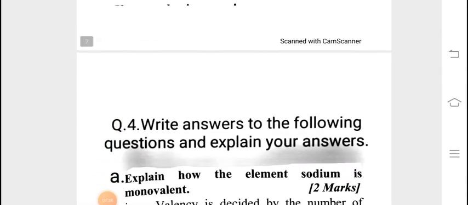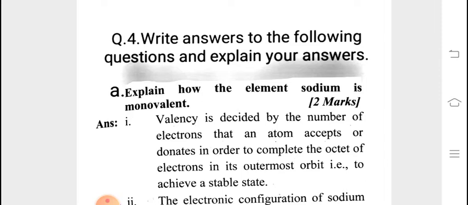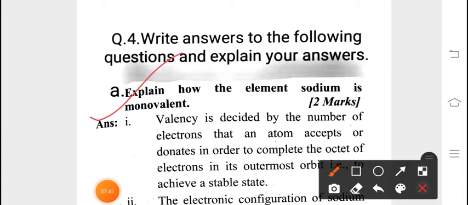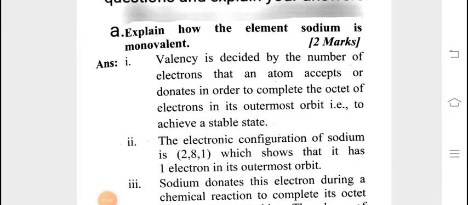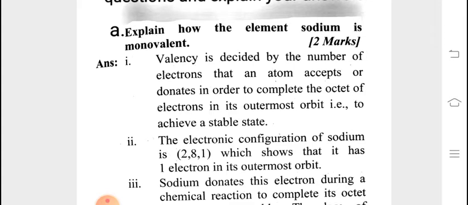Okay, now question number 4: write the answers to the following questions and explain your answer. Explain how the element sodium is monovalent. Valence is decided by the number of electrons that an atom accepts or donates in order to complete the octet of electrons in its outermost orbit, that is, to achieve a stable state.